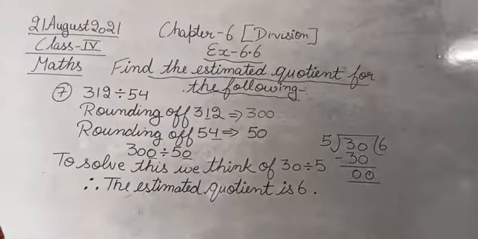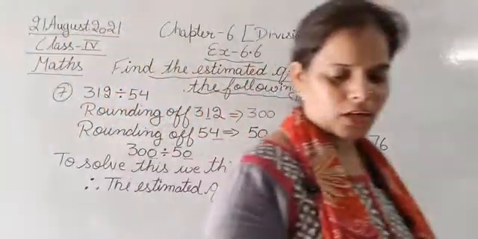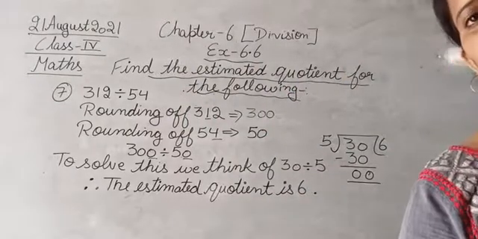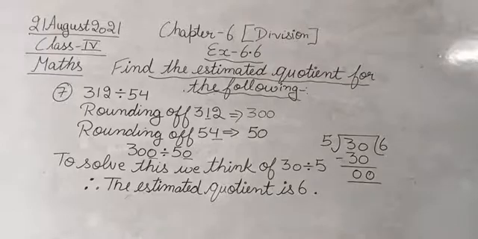So this is the solution of question number 7. You can pause your videos here and note it down in your notebooks, and kindly note it down in very neat and clean handwriting, everyone.